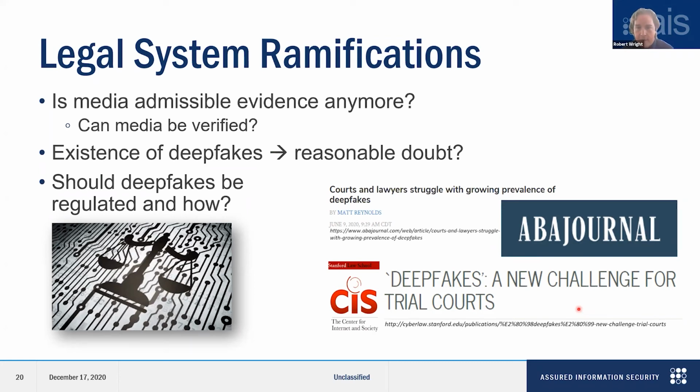Can media be verified? These are questions that are going to really challenge our legal systems. Does the existence of deepfakes lead to reasonable doubt?